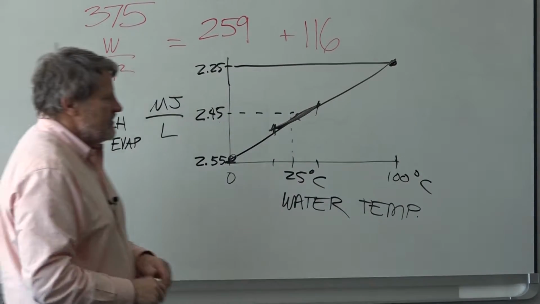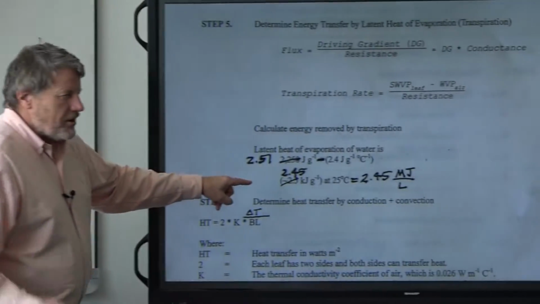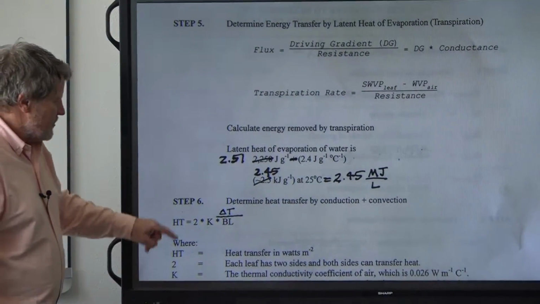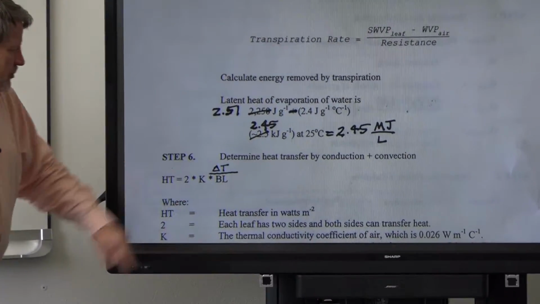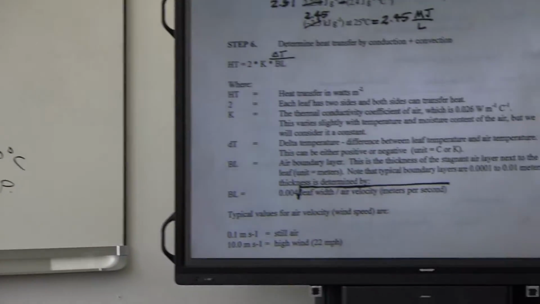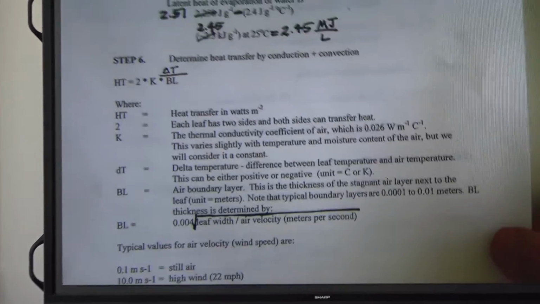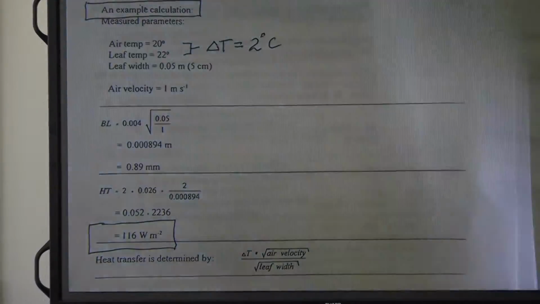So I simplified this to 2.45. I'm going to come back to this now in just a minute with application at night. Now we do conduction and convection, and here's the rest of it, just a one-page summary of this whole thing with delta T.